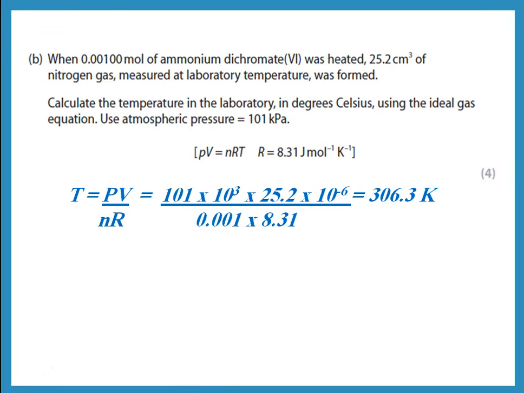That comes out to be a temperature in Kelvin. He wants it in degrees Celsius. Remember, to change Kelvin to Celsius, you subtract 273. So 306 minus 273 gives you the temperature in degrees Celsius.